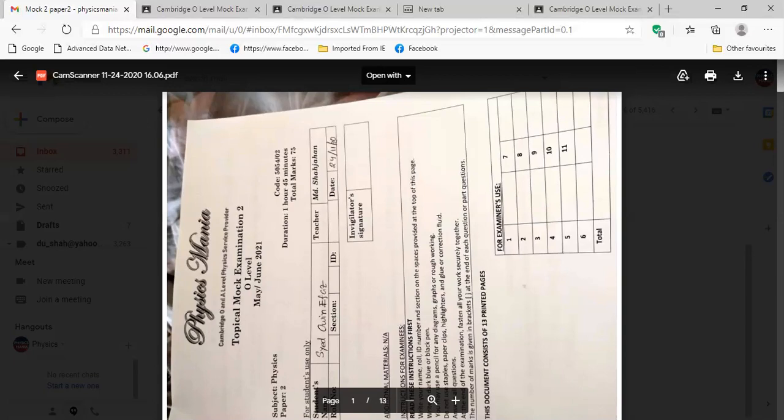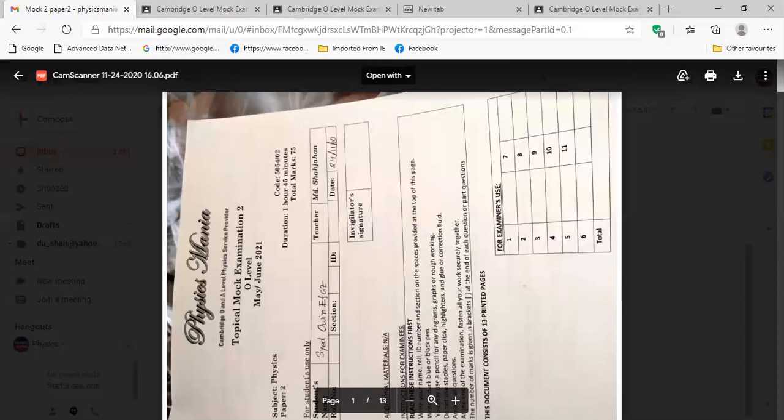Sir, I got 55. So 55 out of 75. Write there 55 out of 75. Then percentage you get, 73%. Okay, write today's date there. 27/11/2020.